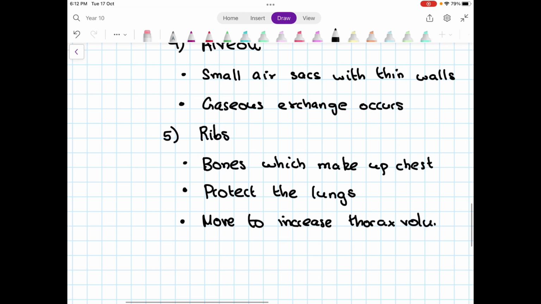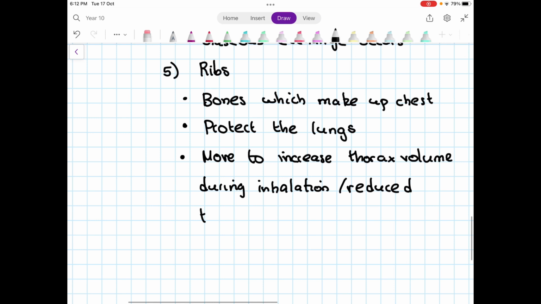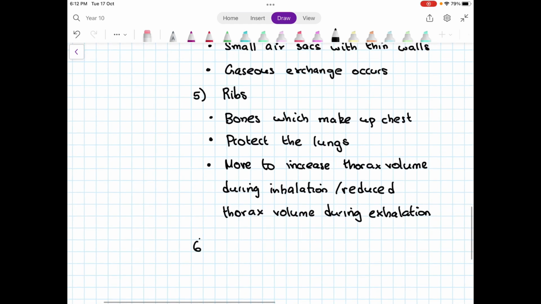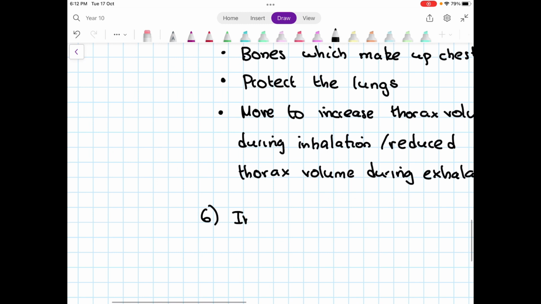So they move to increase thorax volume during inhalation, and then there's reduced thorax volume during exhalation. Please do also check out the inhalation and exhalation video because it provides the steps involved there.